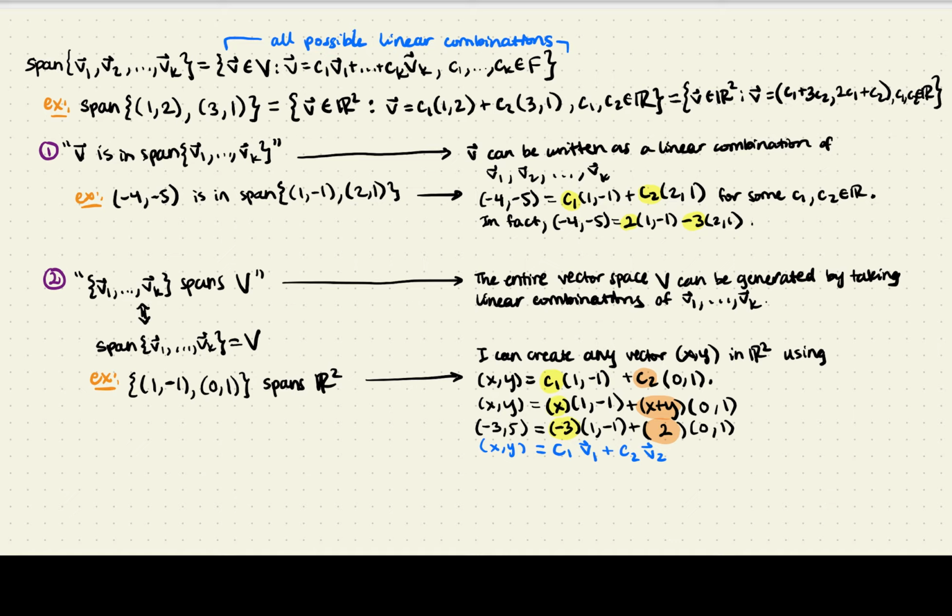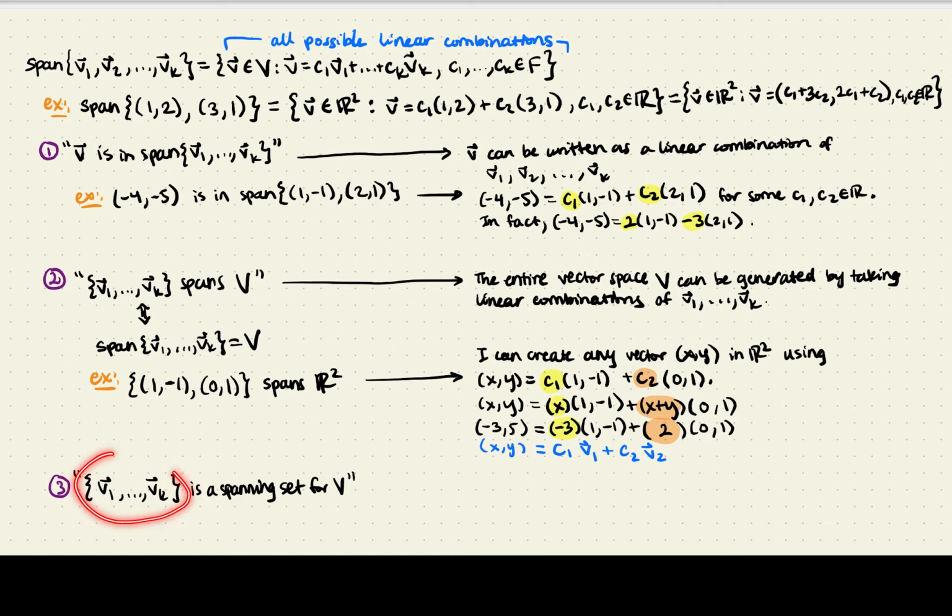All right, the last phrase I want to discuss is if you hear that the set of vectors V1 through Vk is a spanning set for some vector space.